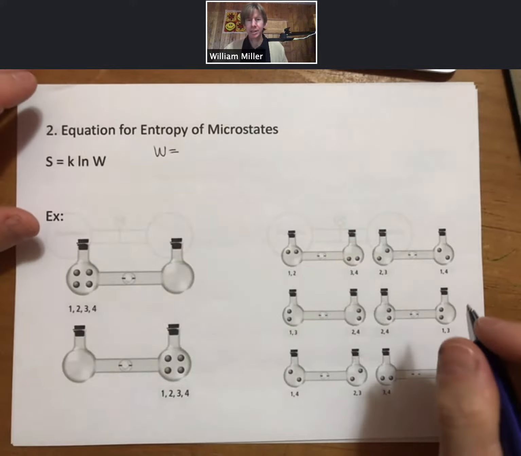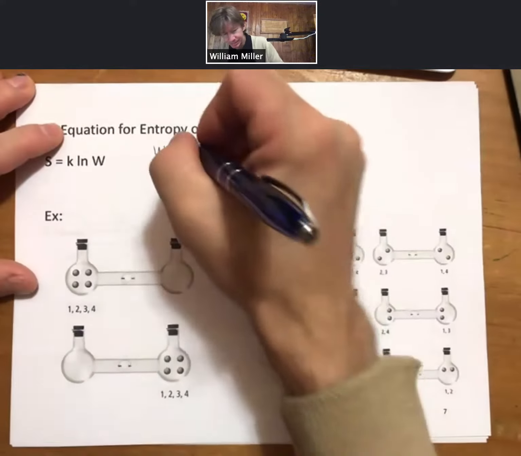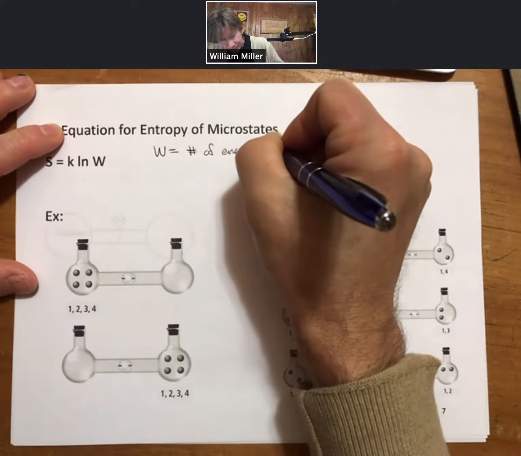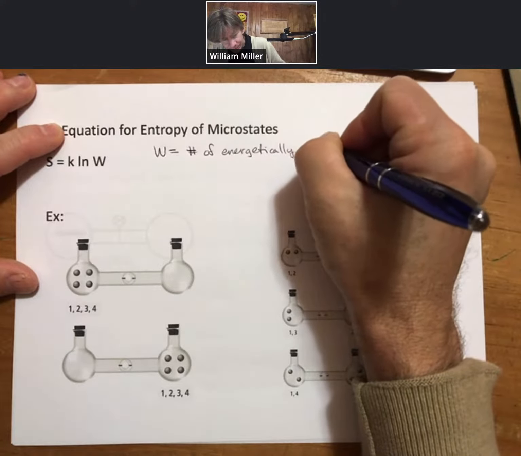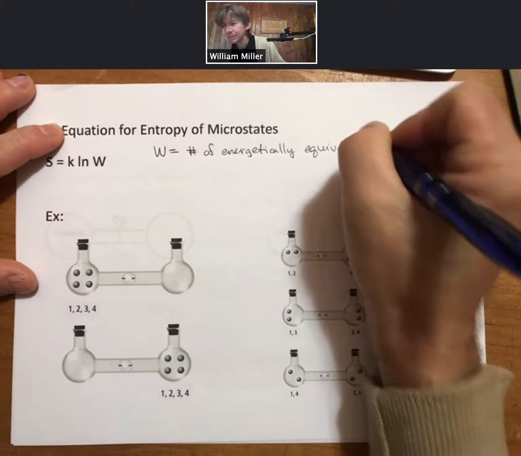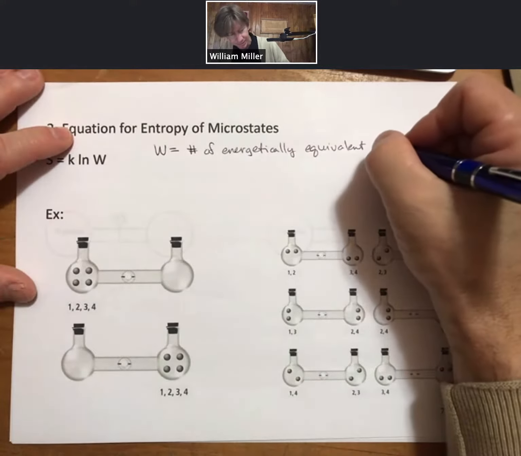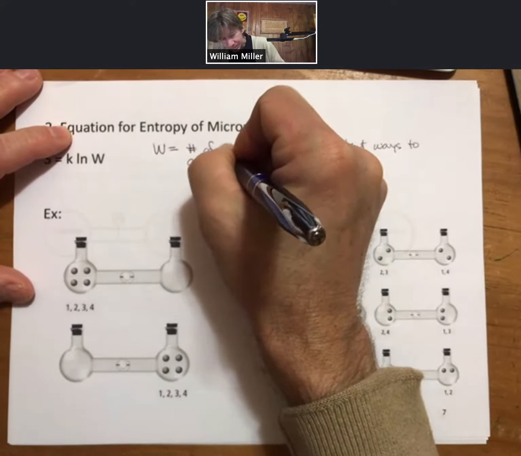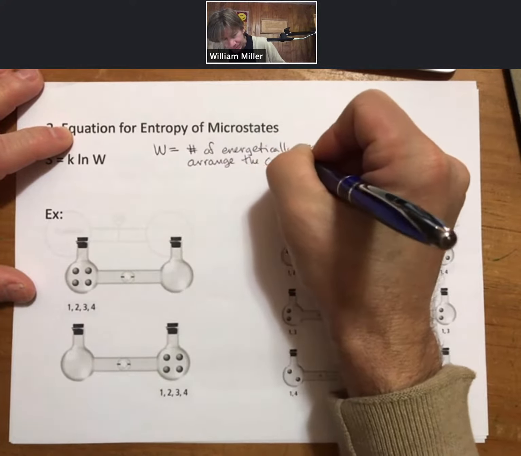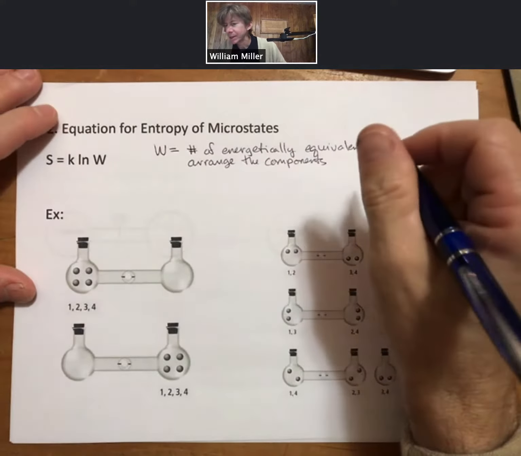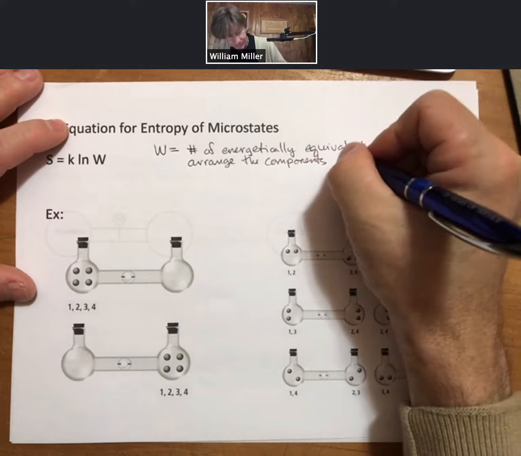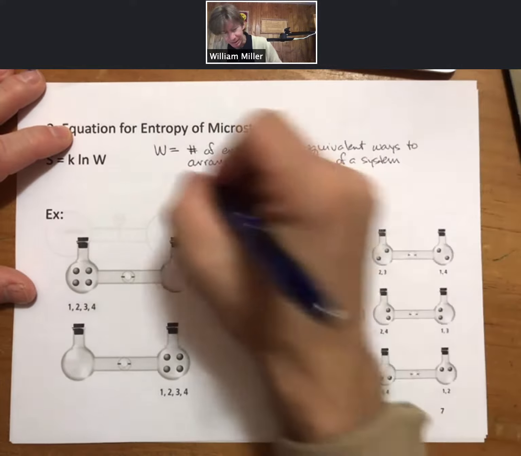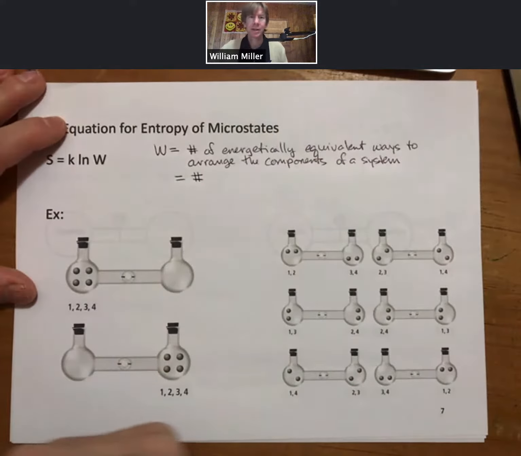W is the number of energetically equivalent ways to arrange the components of a system, and so that's another way of saying it's the number of microstates.